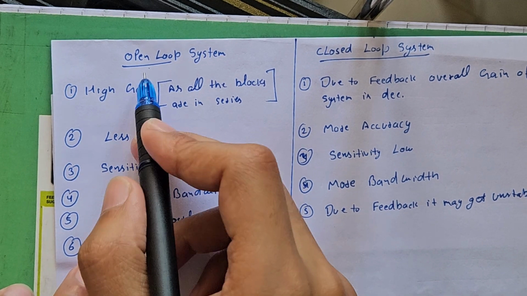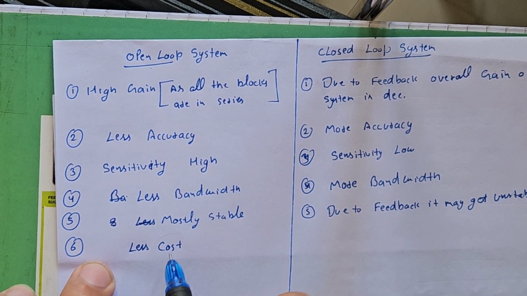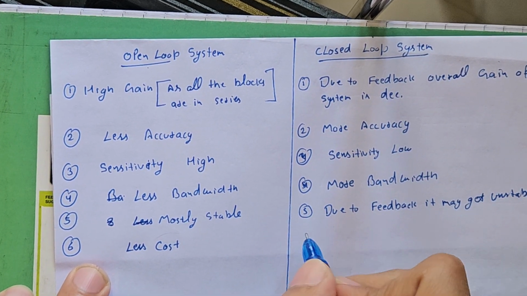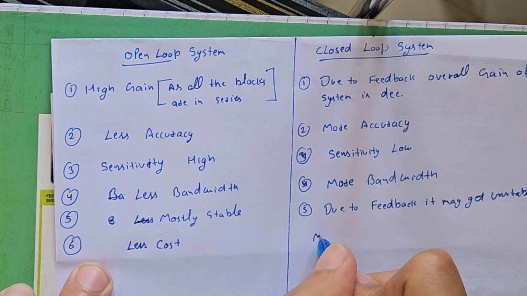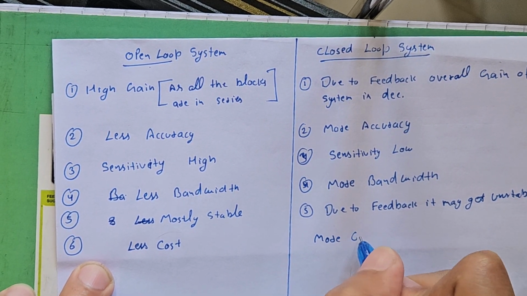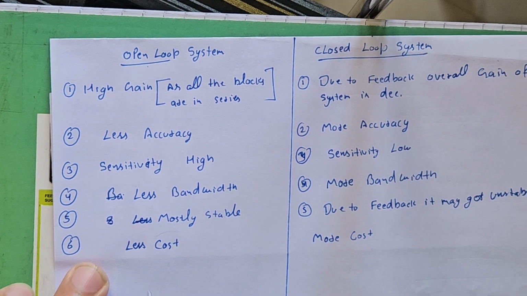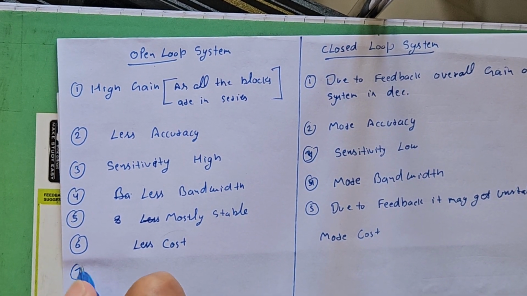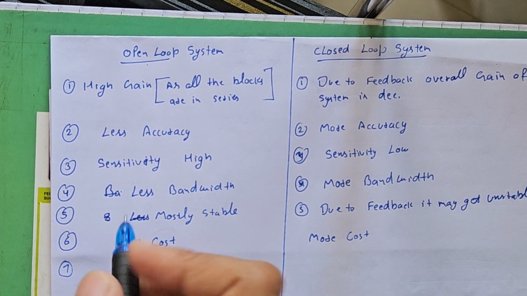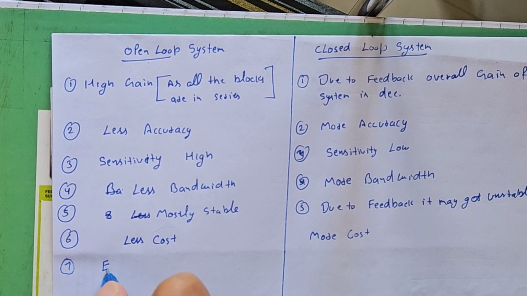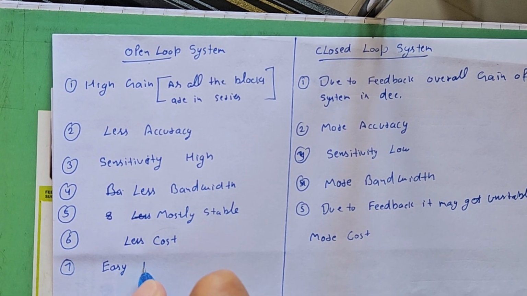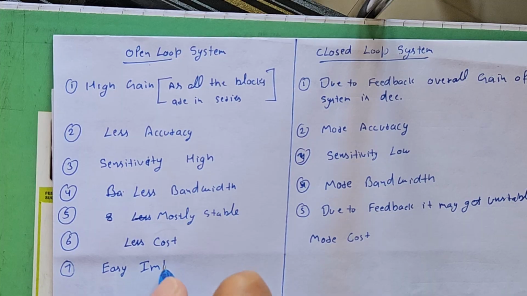Cost wise, open loop system has less cost as compared to closed loop system, as there are fewer elements and blocks in open loop system. Easy implementation, as there are fewer blocks in open loop system as compared to closed loop system.